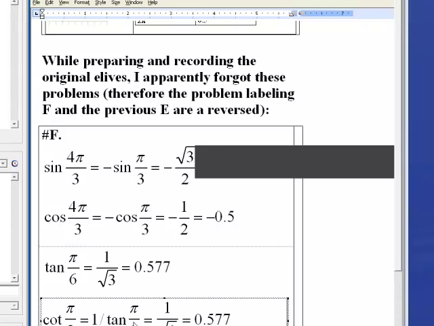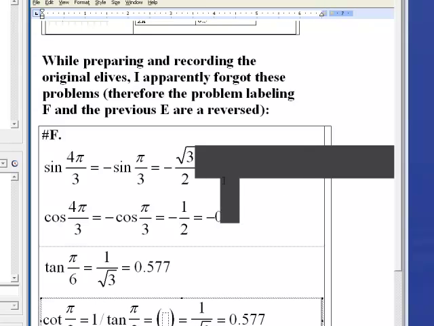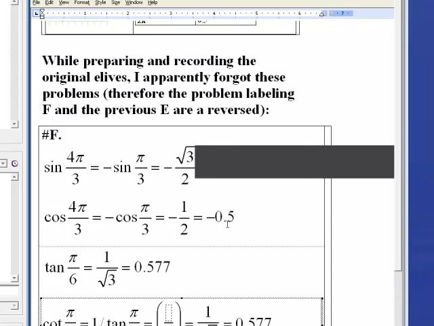We know that tangent pi over 3 is the same as tangent of 60 degrees, which is going to be square root of 3 over 1, but that needs to be inverted.